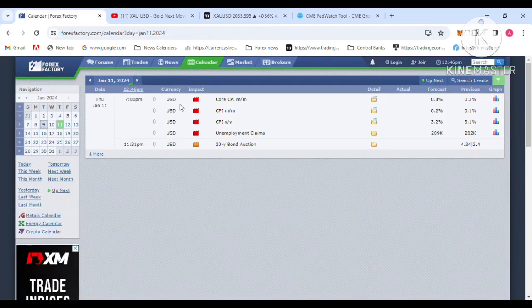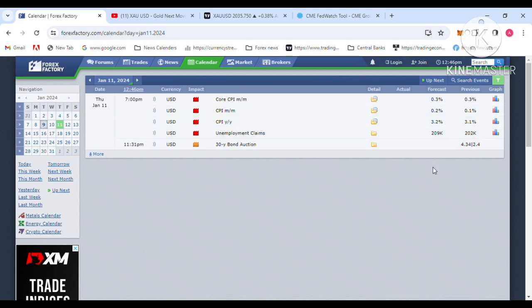So I am going to Forex Factory. You can see the CPI data report on 11th January. 3.1% is the current USA inflation rate. So the Fed, the American central bank, expects an increase to 3.2% in this inflation report.